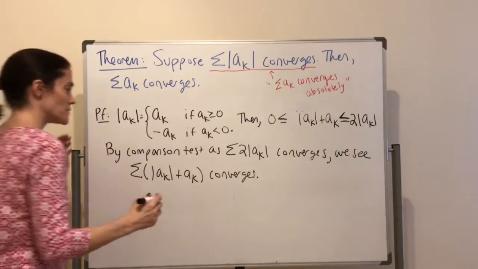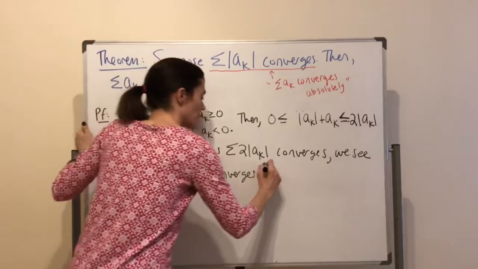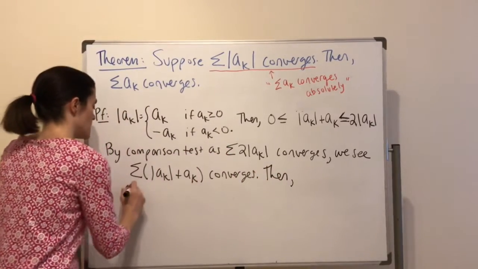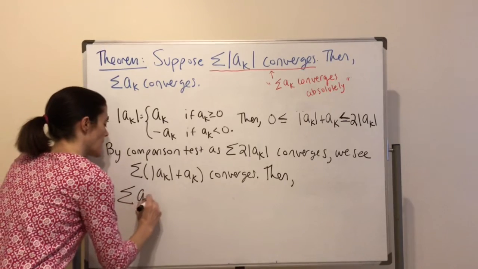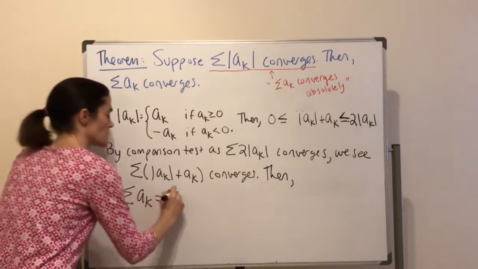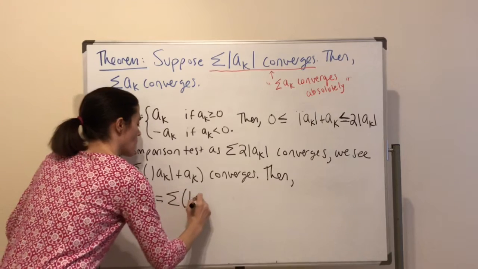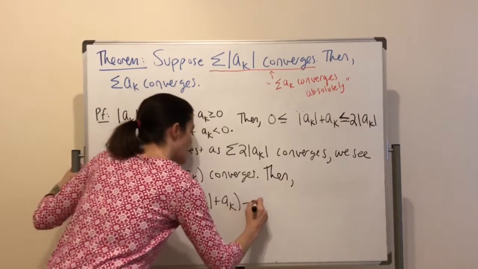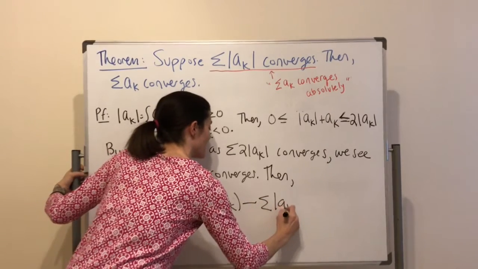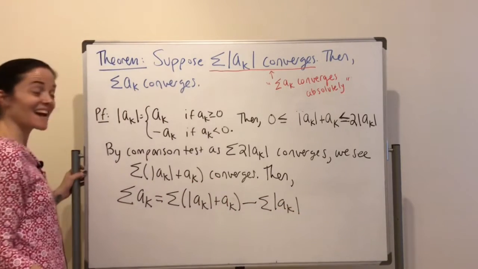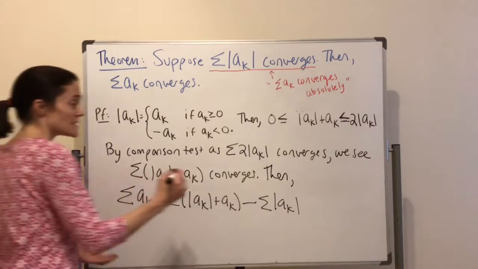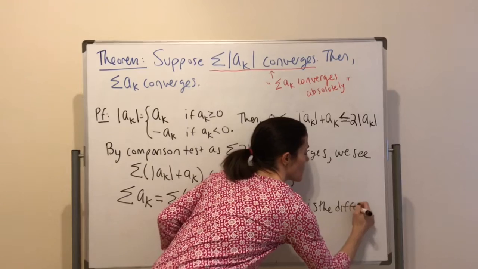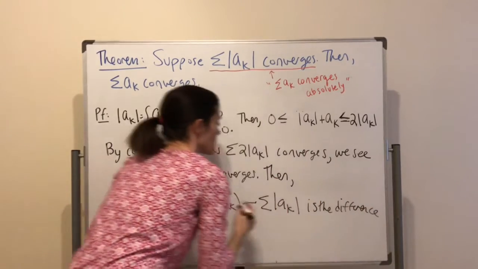And now all I have to do is note this series a_k equals this one minus this one, right? Term by term it is the difference of 2 convergent series.